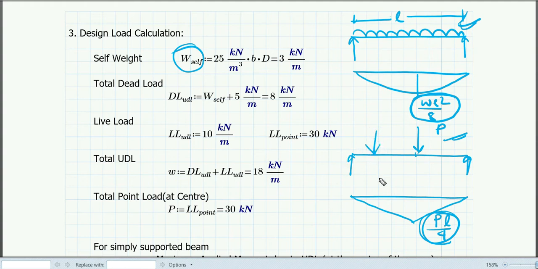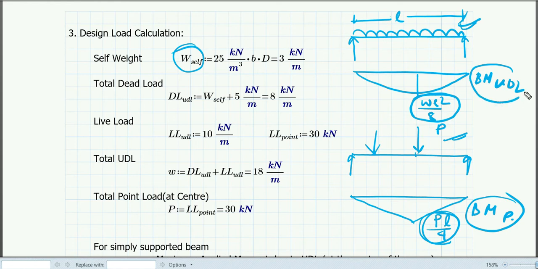In that case the equation for moment you already know, and the location of the maximum moment you have also already studied in structural analysis, right? So what you have to do is combine the bending moment diagram for UDL and the bending moment diagram for the point load, and then find out the maximum moment.